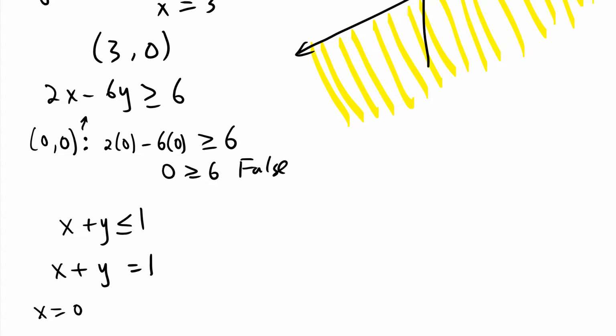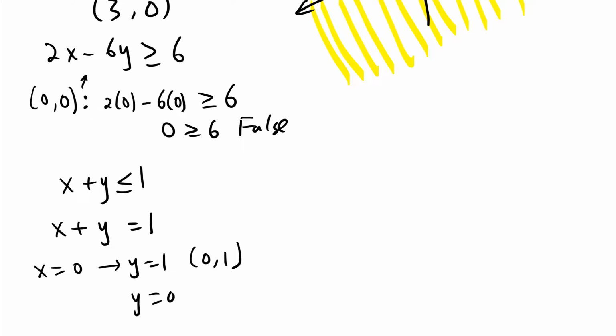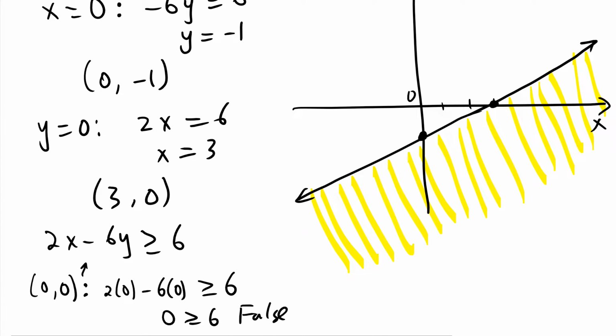When x is 0, y is 1. So I got a point 0, 1. When y is 0, x is 1. So I get 1, 0. So 0, 1 and 1, 0. Again, another solid line because it was or equal.